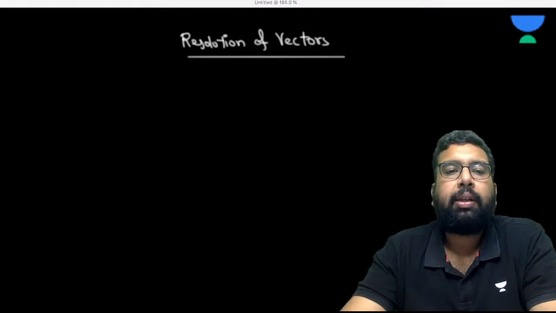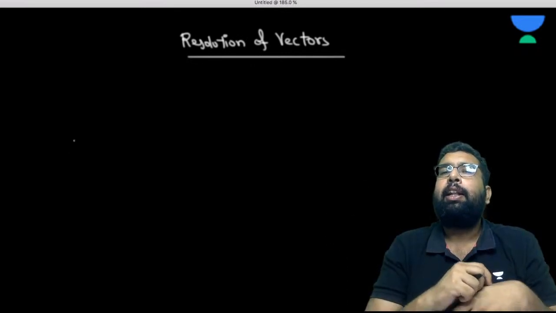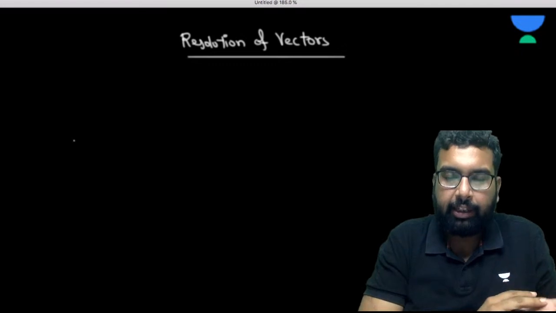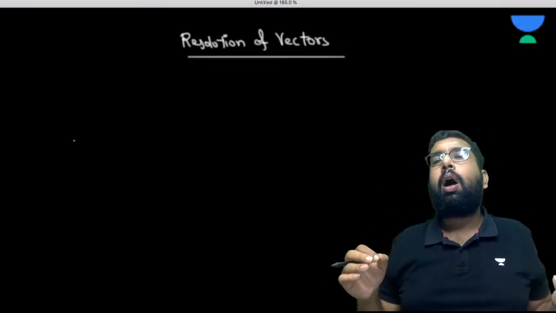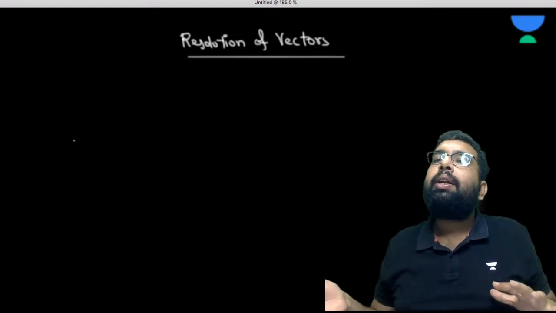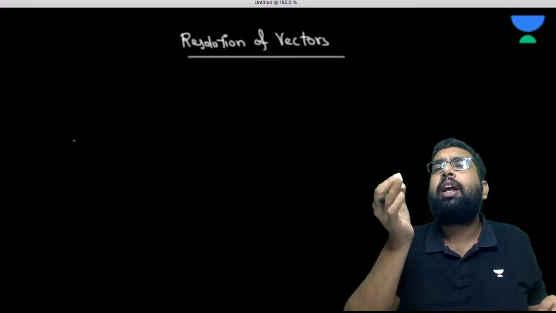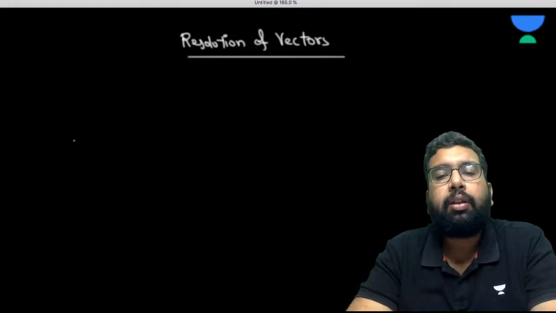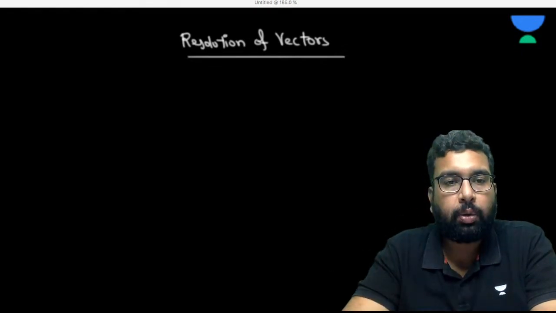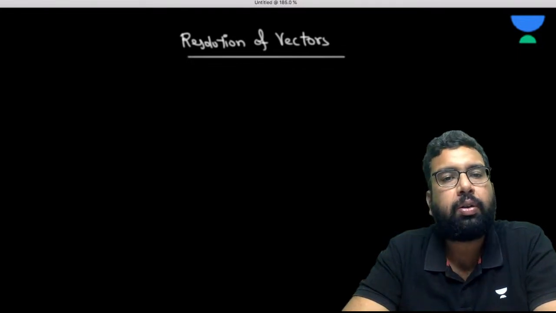Everybody knows that this is tail, this is head, length gives the magnitude, but these information, no matter how small or irrelevant it seems, in physics every little piece of information is important, and it helps you solve the question correctly. So please listen very carefully when we describe the resolution of vector.